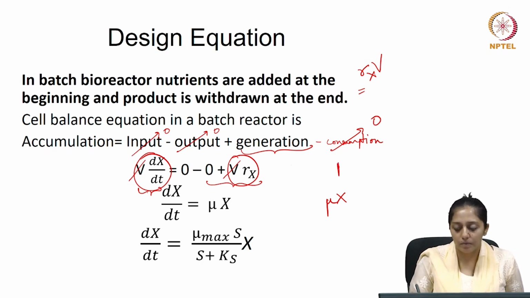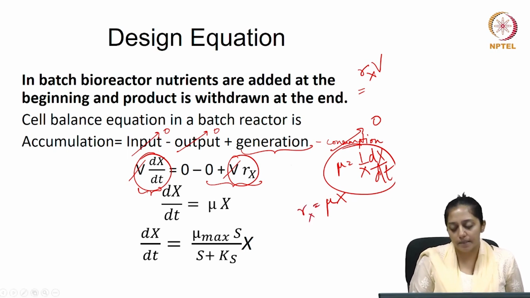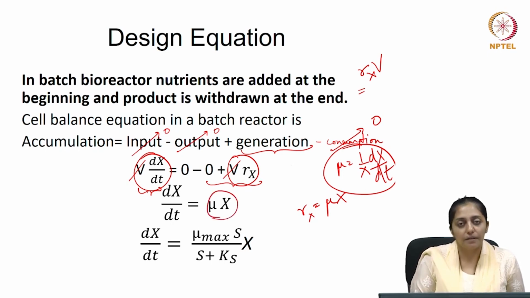What was mu? It was 1 by x dx by dt. So, your Rx can be given as mu into x. So, that is what has been done here.